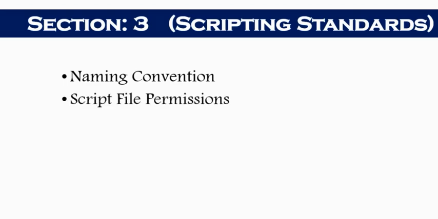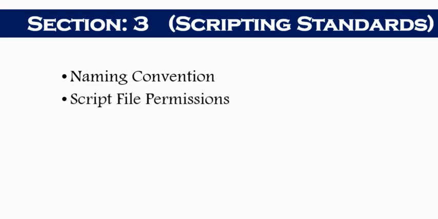Then moving on to section 3, we will cover the scripting standards: the standards that you should follow when you are writing a shell script. Those are how to name your shell script, so this way you will have a proper naming convention for your scripts.